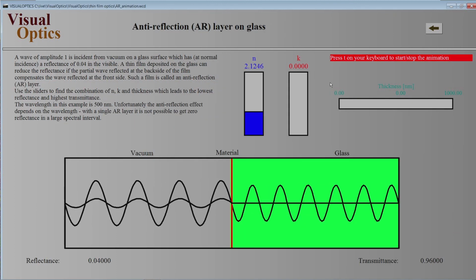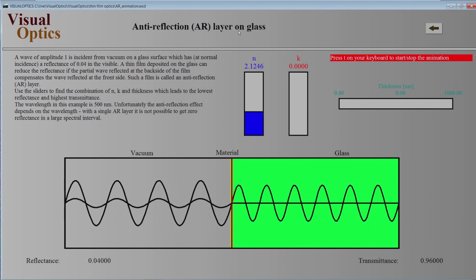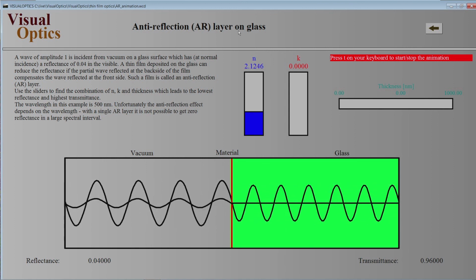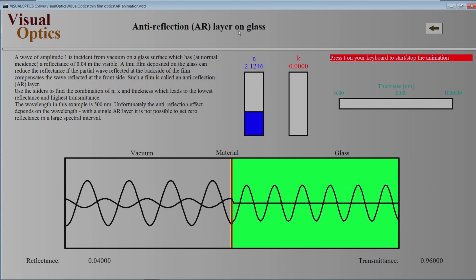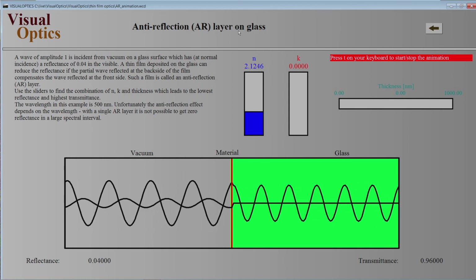Let's find an anti-reflective layer on glass. This is needed for optical components where you have the transition from vacuum or air to glass, which leads to a reflectance of 4%.